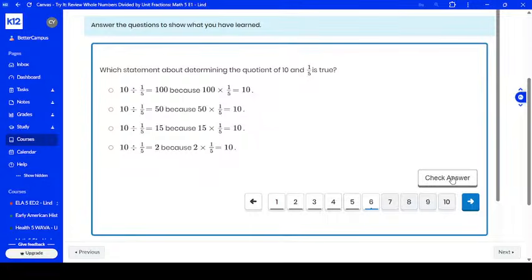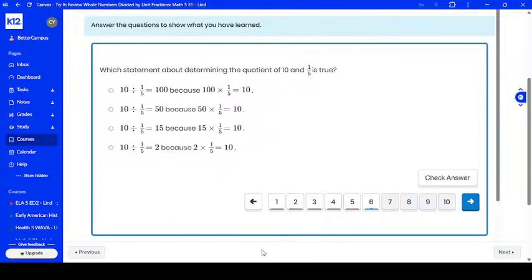Which statement about determining the quotient of 10 and 1/5 is true? Is it A, 10 divided by 1/5 equals 100 because 100 times 1/5 is 10? B, 10 divided by 1/5 equals 50 because 50 times 1/5 equals 10?